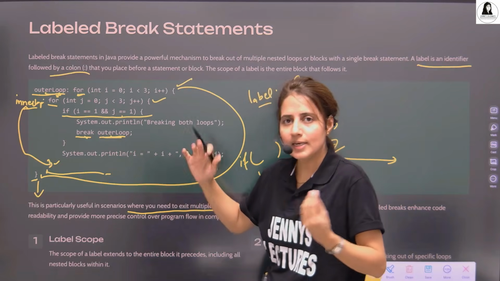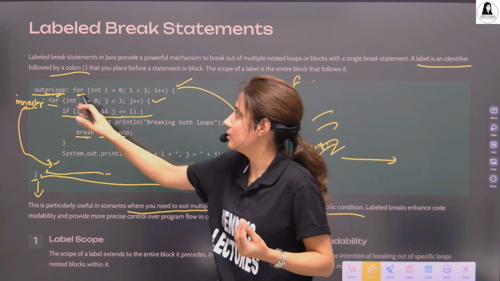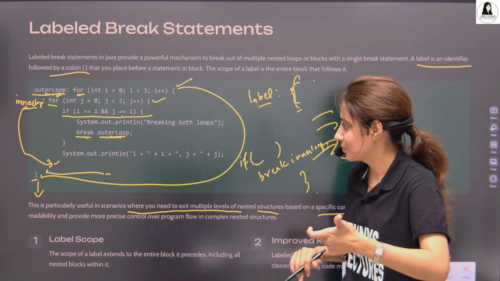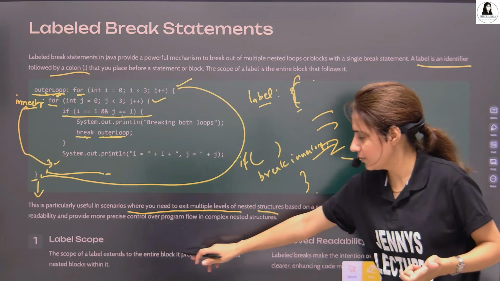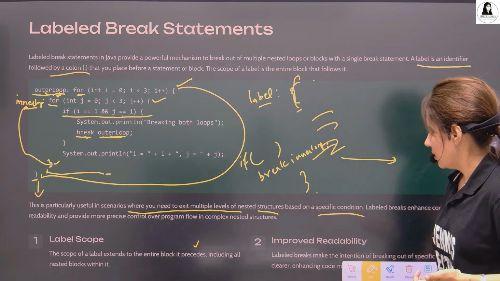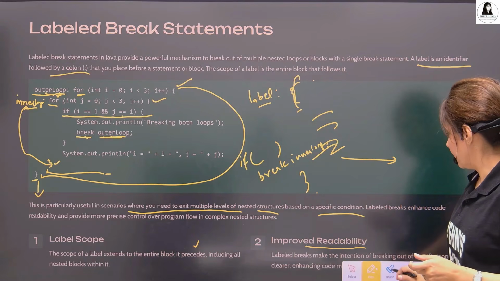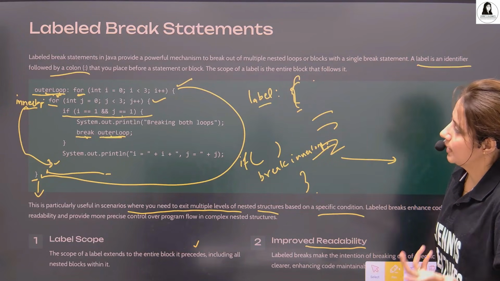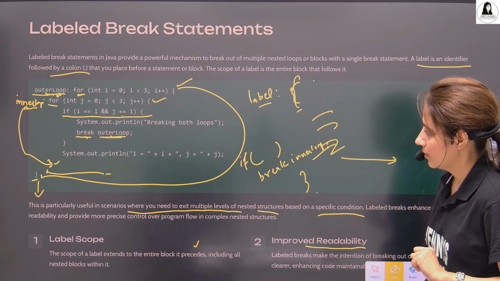But here we simply get this label, so from this loop we want to exit. This is more readable, right? I've told you there is label scope as well, and it improves readability. That's why we use labeled statements somewhere.